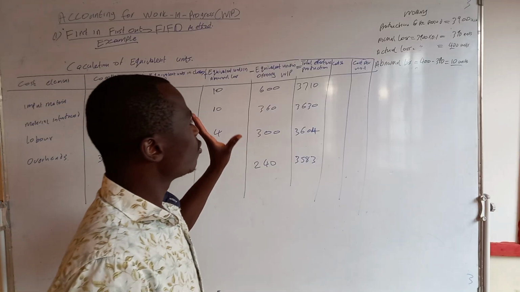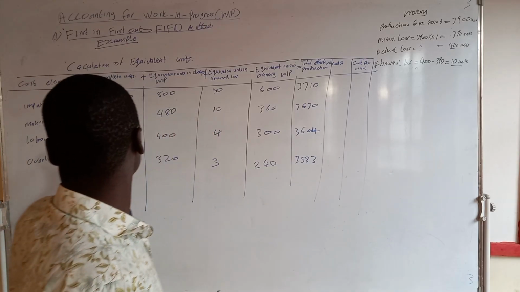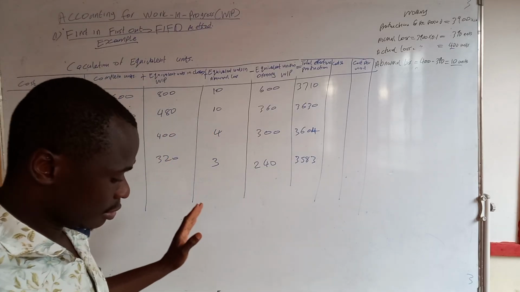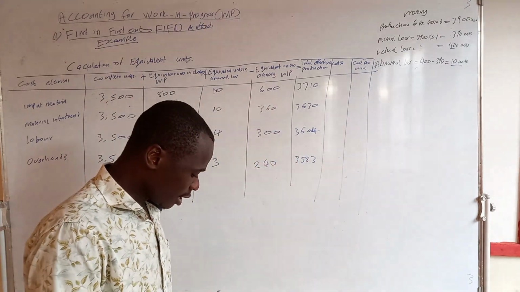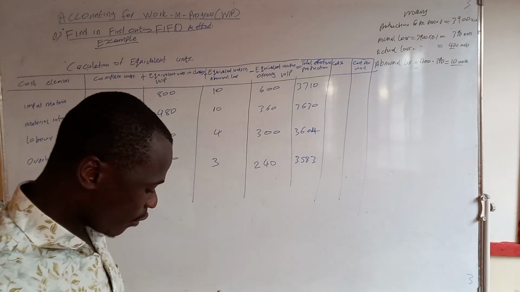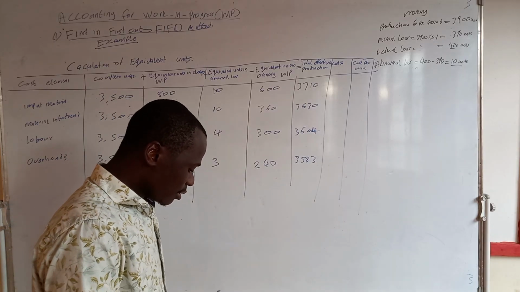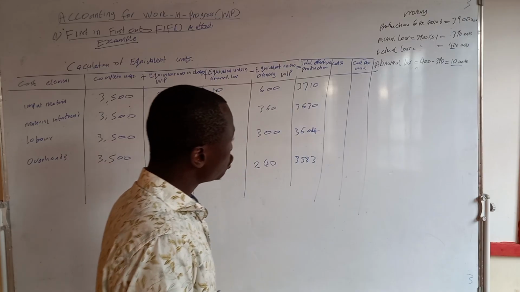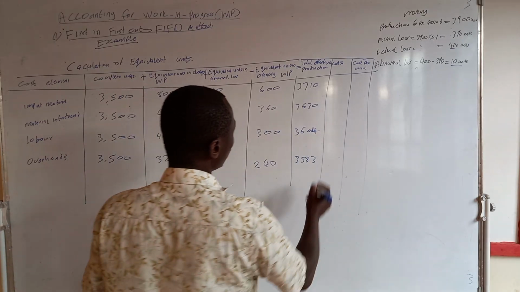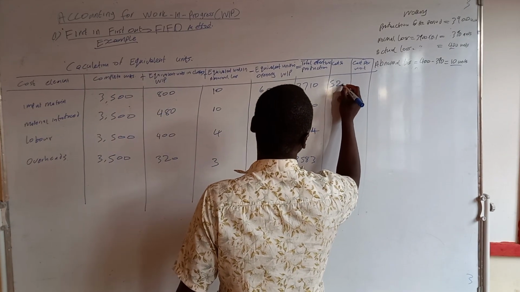What comes from process 1 was valued at shillings 5,200.